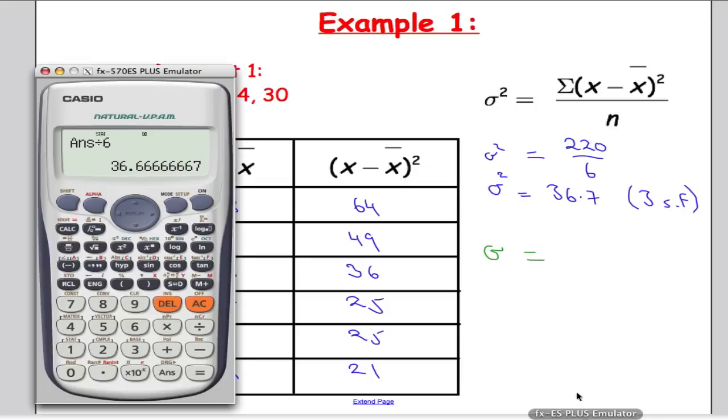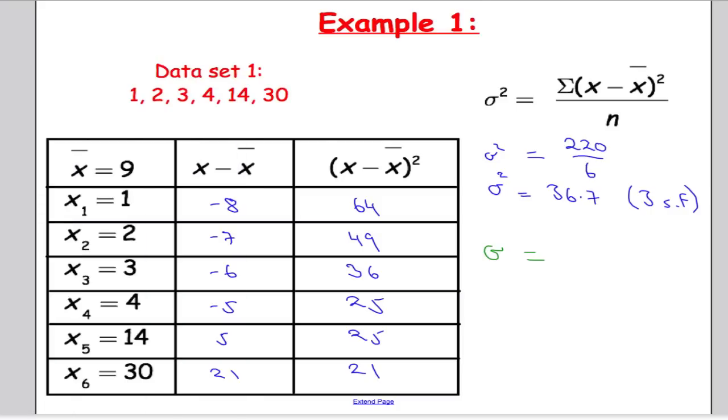So leaving my answer on my calculator like so, I can take the square root of the answer, and that gives me 6.06 to 3 significant figures. So 6.06, and again that's to 3 significant figures.